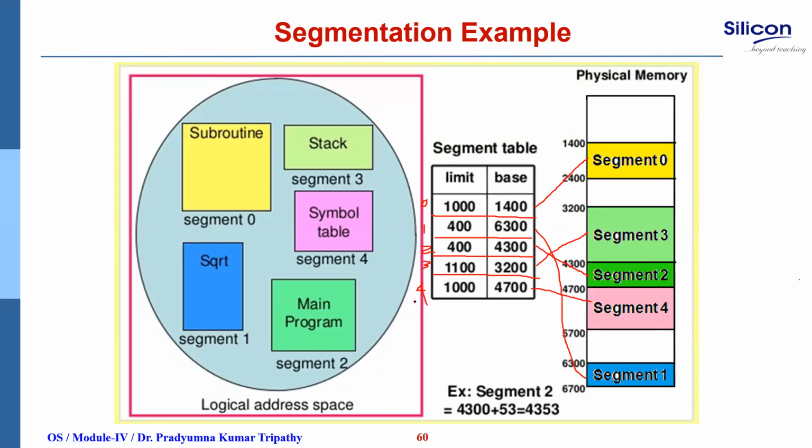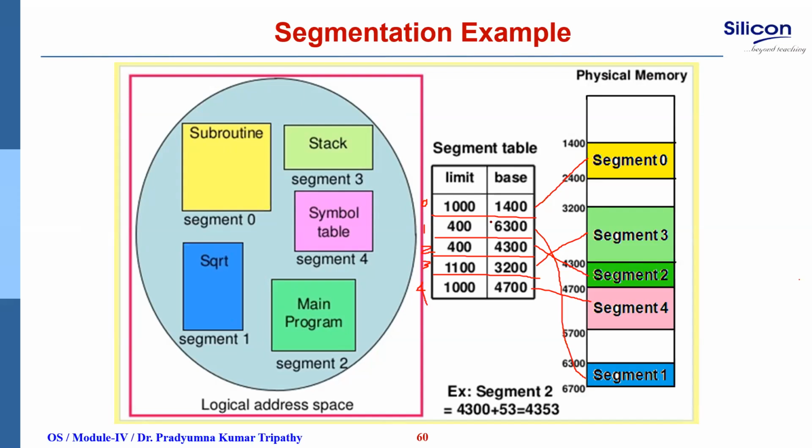Now, suppose segment 2 generates an address 430. For segment 2, it generates 430. The displacement is 430.